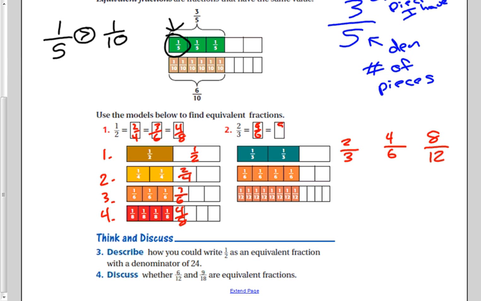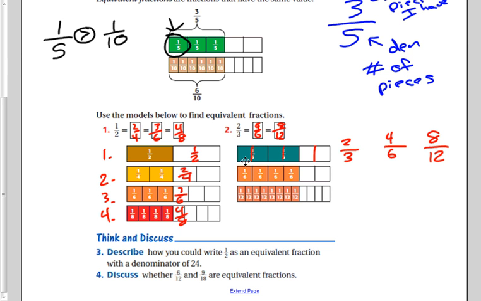But again, I don't want to draw a picture every single time I want to find an equal fraction. So using this example, let's see if we can find a rule or a pattern that's going to help us out. When I went from 2/3 to 4/6, I cut each of the thirds in half like this, and that gave us 6.